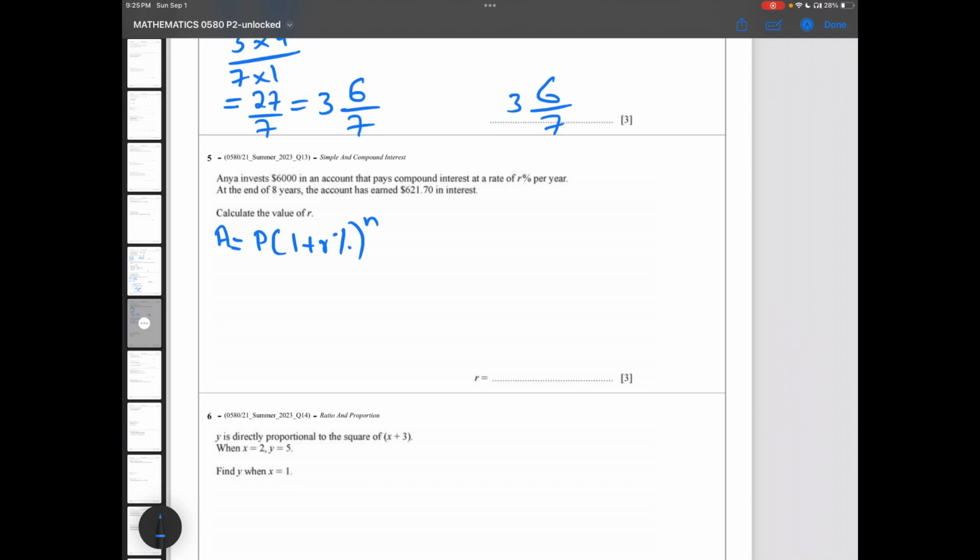It means the interest amount has been added to our principal amount, and the total money that has been accumulated, that's A. P means the principal amount, R is the rate percent, and n is the number of years, or the number of times the interest has taken place.